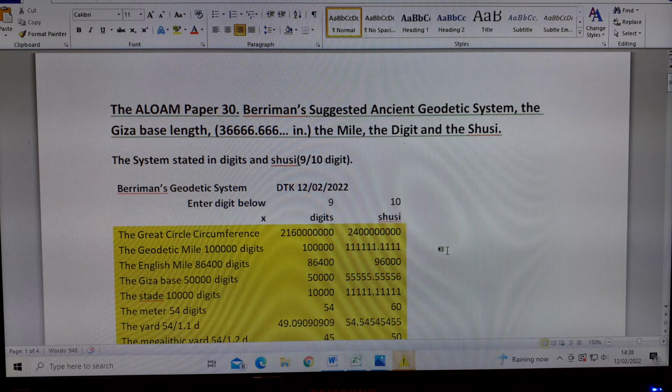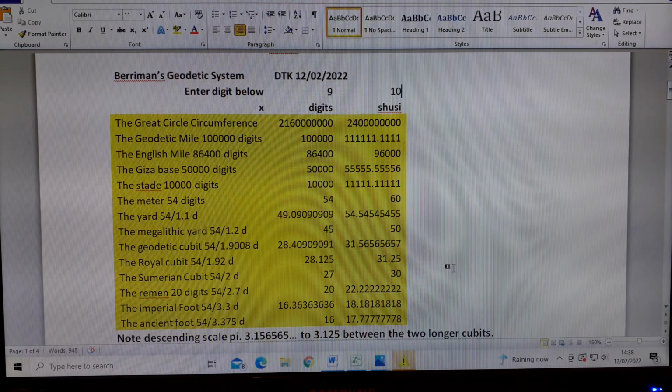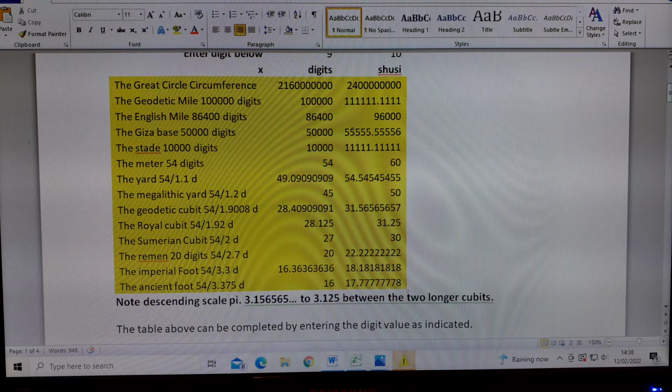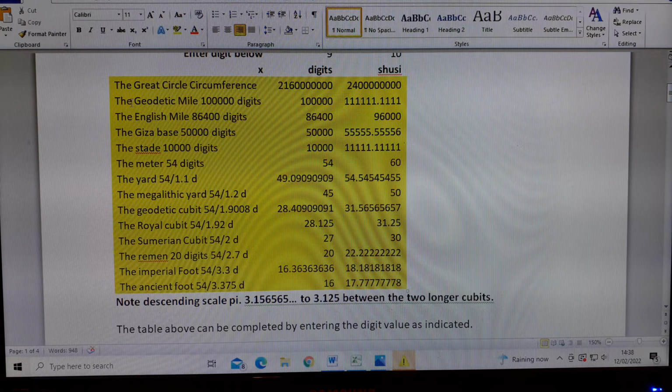And all the units in this model, they're all fixed. So there are always this number of digits and Shusey in the great circle circumference. And the geodetic mile is always 100,000 digits.